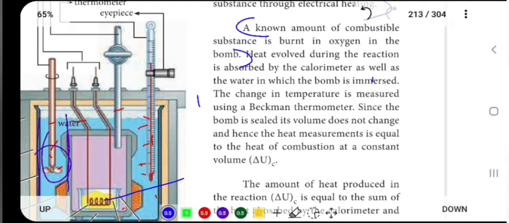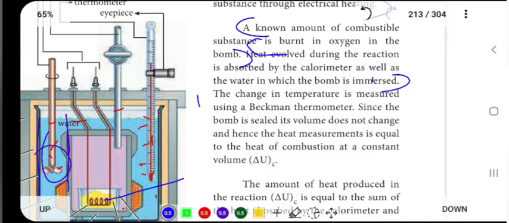Before placing the substance, you have to weigh it. Heat is evolved during the reaction and is absorbed by the calorimeter as well as the water in which the bomb is immersed. Both the bomb and the water will absorb it.